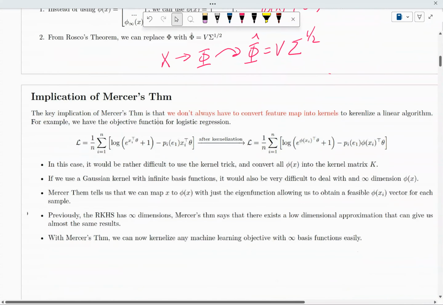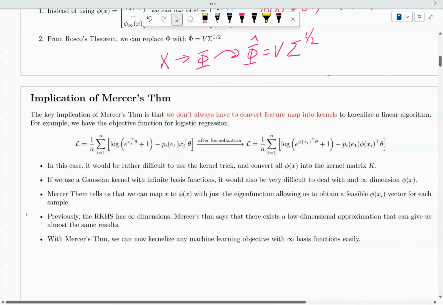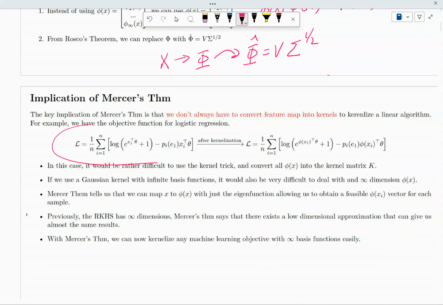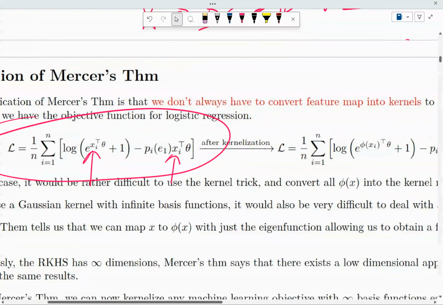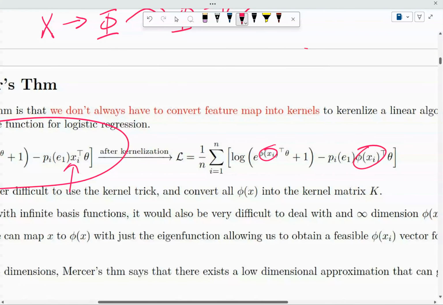Now, previously, if we have an algorithm where you're trying to minimize something like this, when we want to convert to kernels, we would put all the x and convert it into phi of x. And then we would manipulate the algorithm so that all these phi of x disappear through the kernel trick.